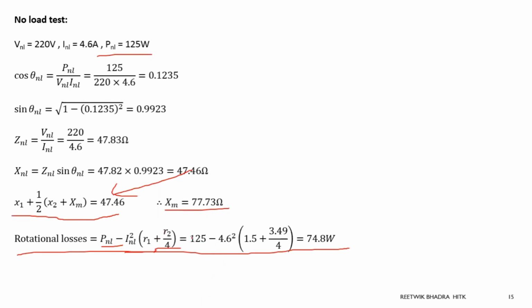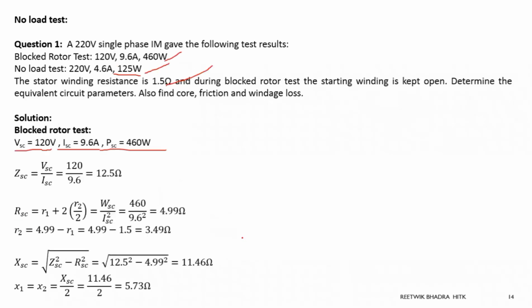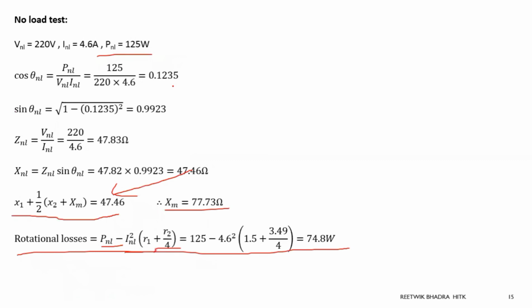That is 125 minus INL, which is 4.6, squared, into R1 and R2. R2 is already calculated as 3.49, and R1 is given as 1.5. So 1.5 plus 3.49 divided by 4. That gives you 64.8 watt. So that is your no load rotational losses, except your copper loss.